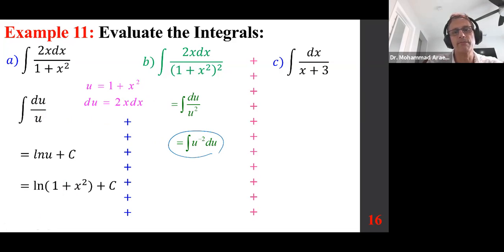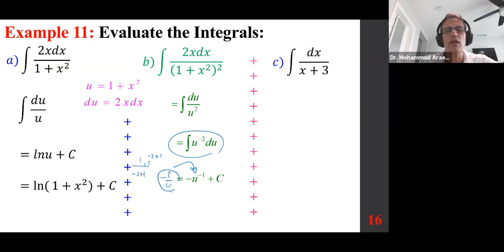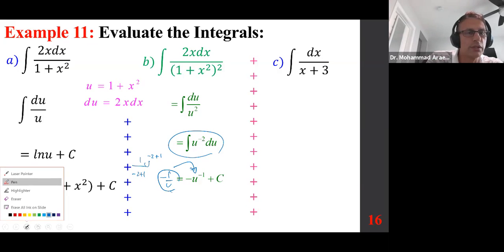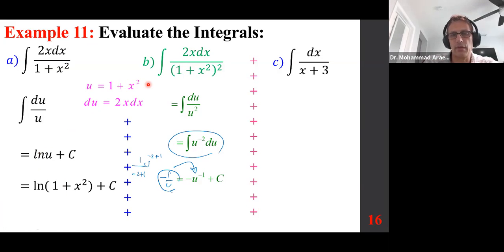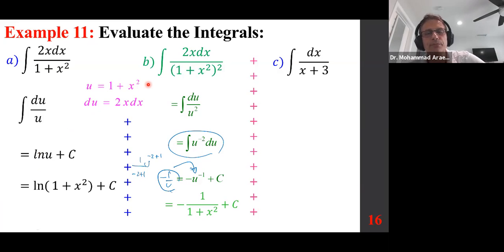It's 1 over -2 plus 1, u to the power of -2 plus 1, which is minus u to the power of -1, or minus 1 over u. So -1 over u, where u is 1 plus x squared, and a constant, and we are done.